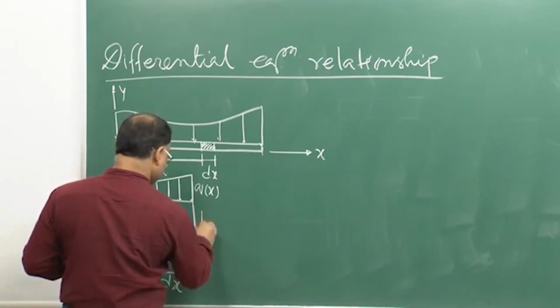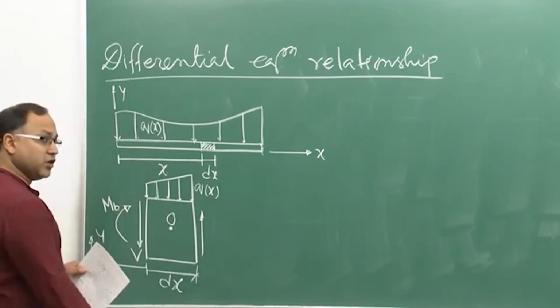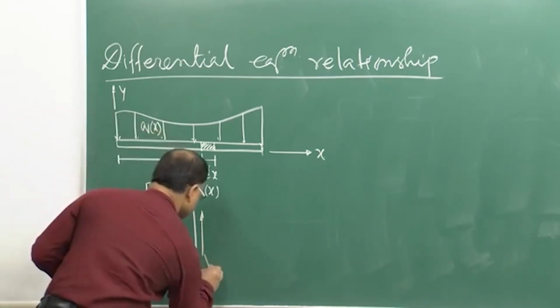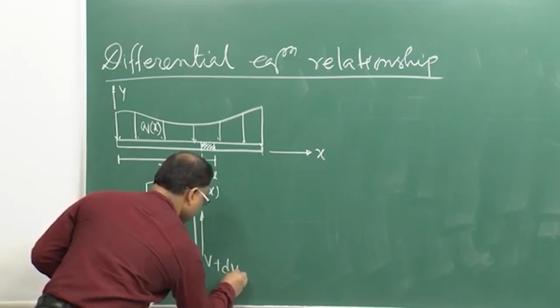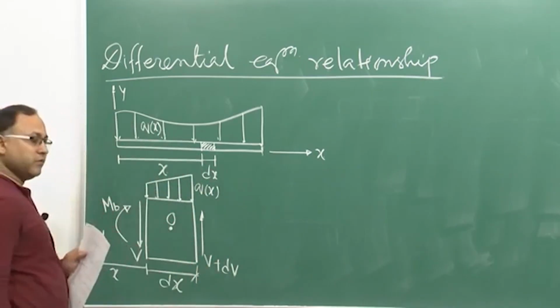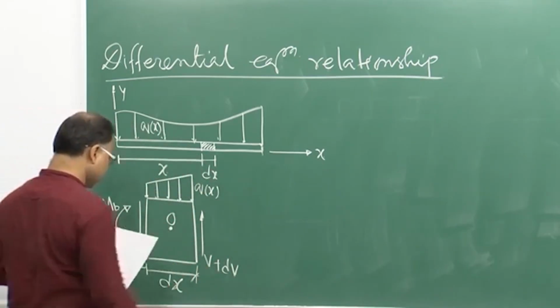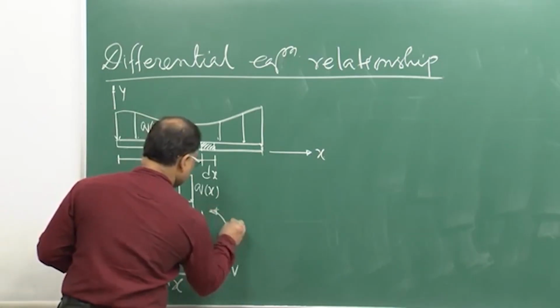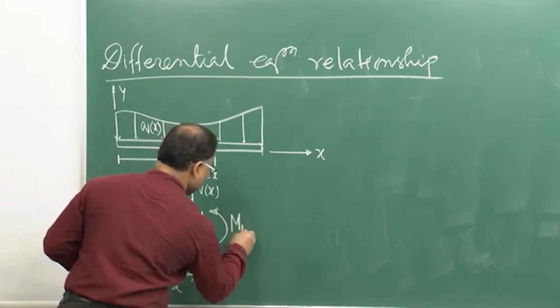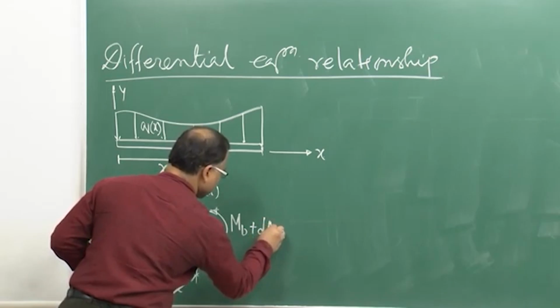On this side you will have some variation in the shear force, that is V plus dV, due to the travel along the distance dx, and you will have MB plus dMB.